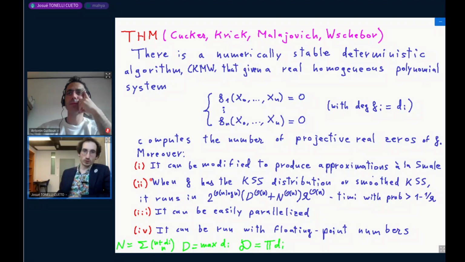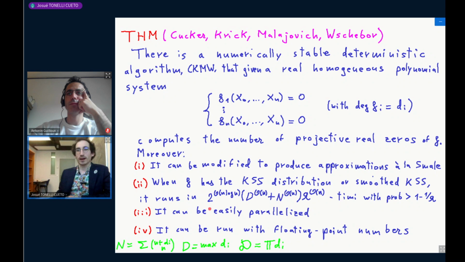It can also be modified to produce approximations à la Smale. This holds when f has the Kostlan distribution, that is, the coefficients of these polynomials are Gaussians with very specific variances, chosen in such a way that this distribution is invariant under orthogonal transformations.